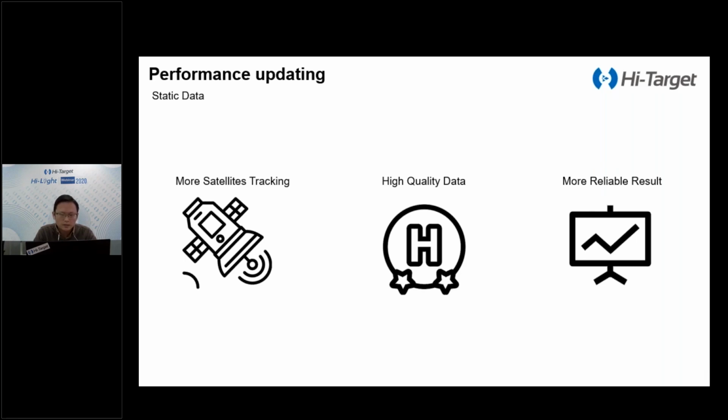As we mentioned, it has multiple channels for receiving multiple frequency bands from all current constellations, and a good structure to ensure high quality data, and then an advanced algorithm to ensure reliability. Okay, let's show the testing workflow.